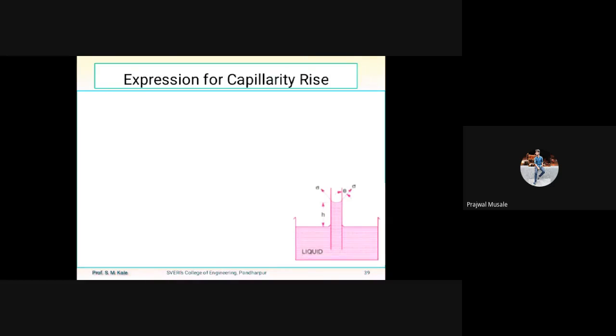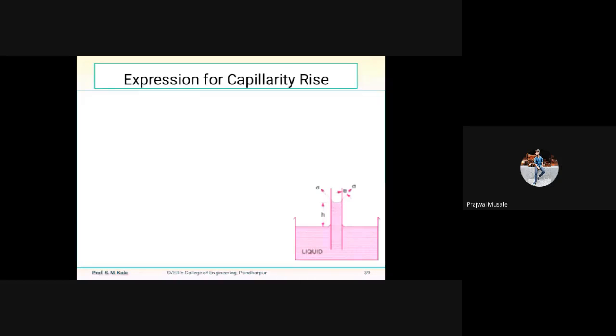So when will there be capillary rise, and when will there be capillary fall? If you observe this picture carefully, if the adhesive force of attraction between the liquid molecules and the glass tube is more than the cohesive force of attraction between the same liquid molecules, then there will be a rise of liquid level inside a capillary tube.